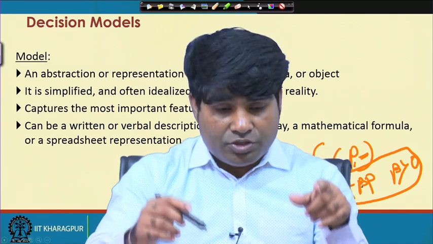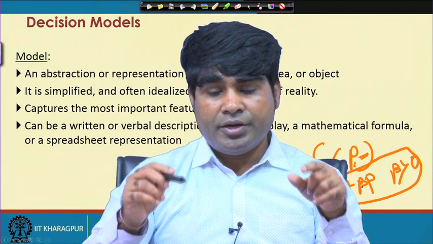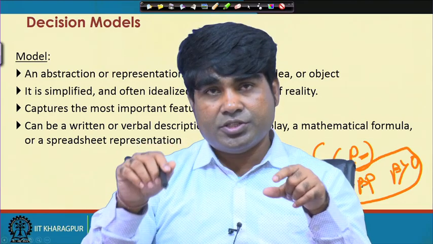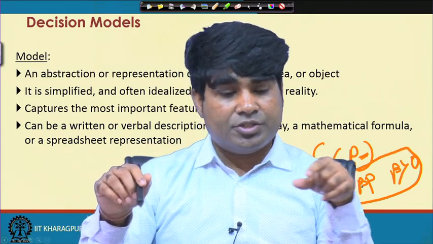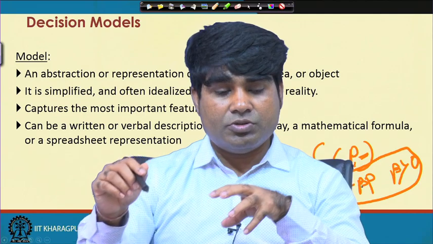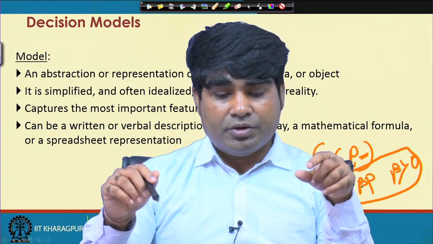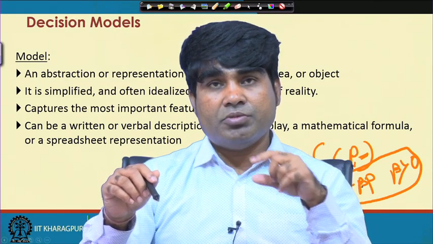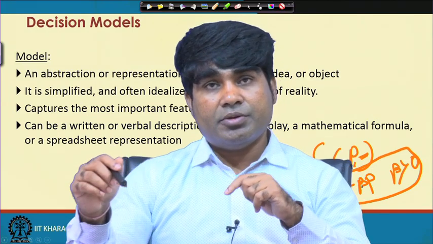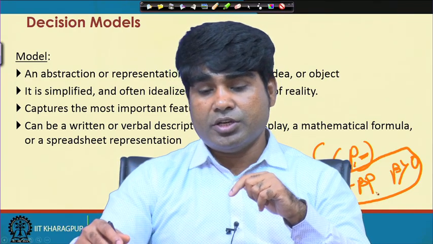So, what should be the nature of models? It should be very simple and ideal, and can represent reality, or give some better inference and better fact-based measures. It should capture the most important features, or the important facts. A model can be written, or a verbal description, or a visual display, or a mathematical formula, or a spreadsheet presentation. The example I have cited is highlighted here.